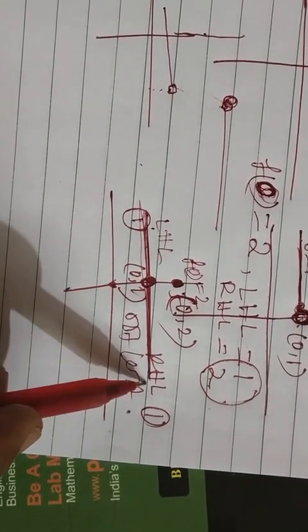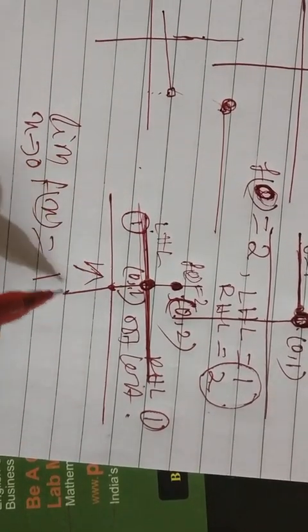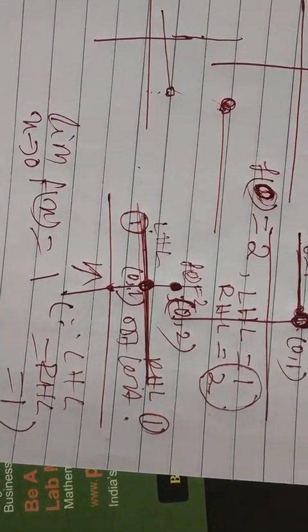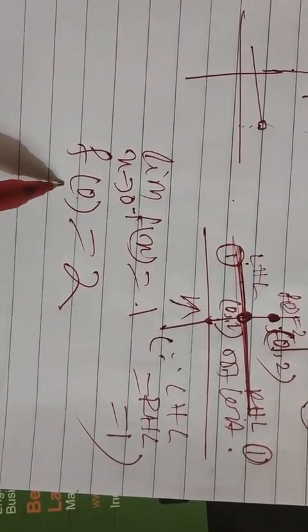Here LHL is equal to RHL, so limit x tends to 0 of f(x) is 1 in this situation, because LHL is equal to RHL equal to 1, but f of 0 is 2. Therefore the limiting value is not equal to the functional value.